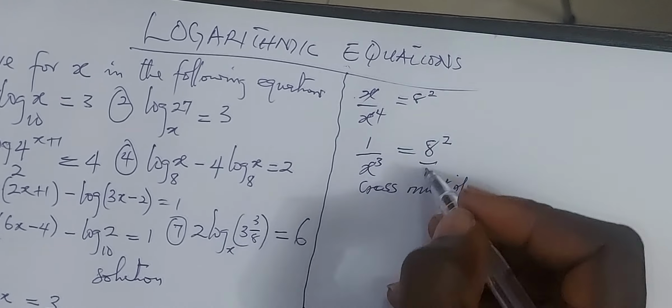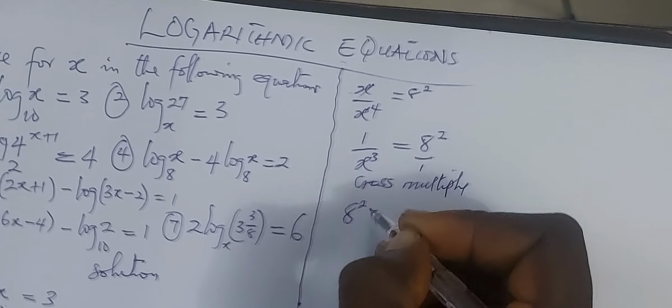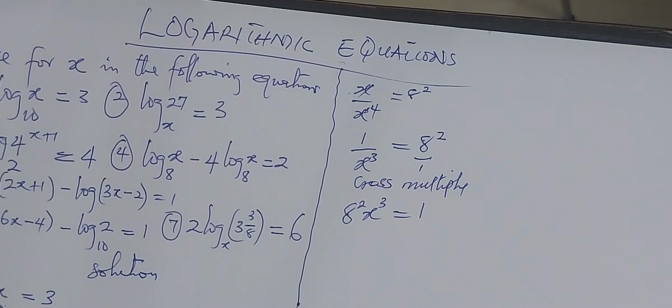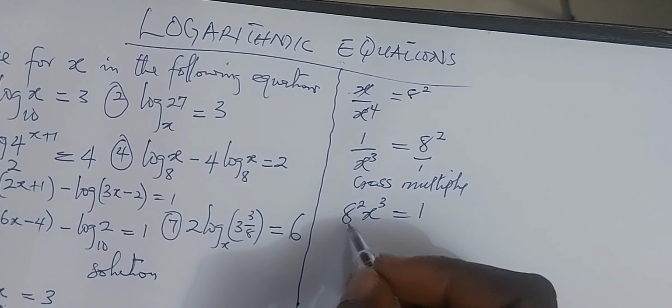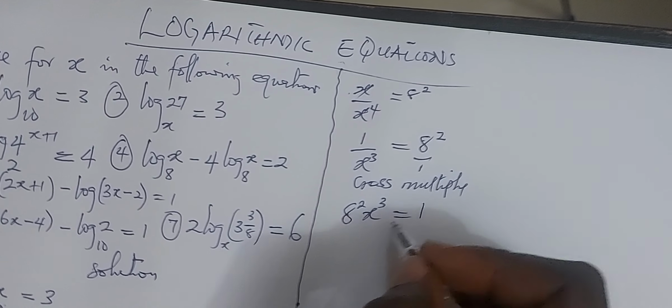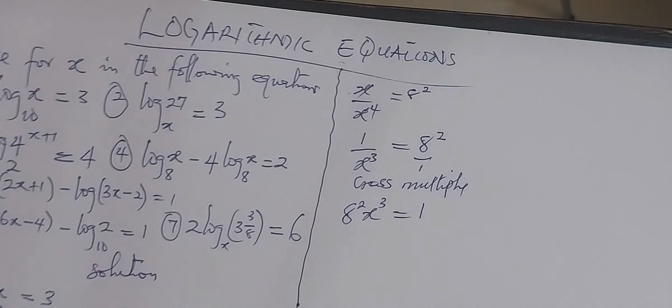This multiplied by this multiplied by this, which will have 8 square x raised to the power of 3 is equals to 1. This is indices we are solving. And we can go further and clear the coefficients of x, which is 8 square.